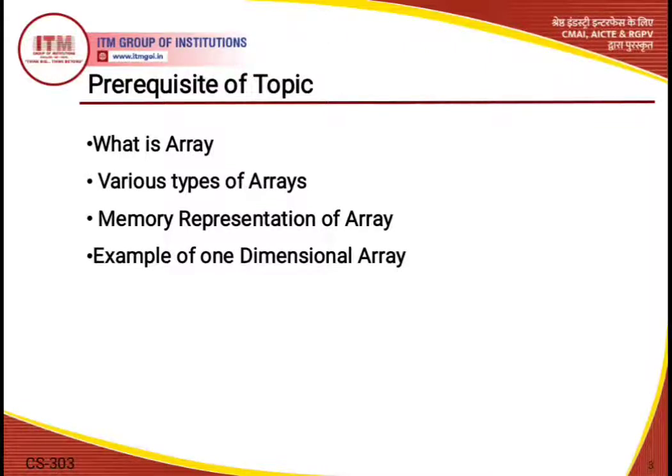So for better understanding of all these points, just follow my previous video. Again I just want to tell you that these are the basic requirements before going forward to understand today's video lecture.